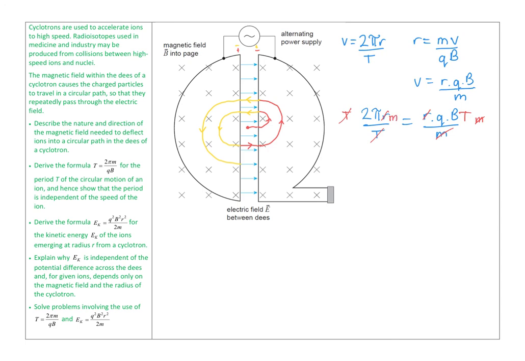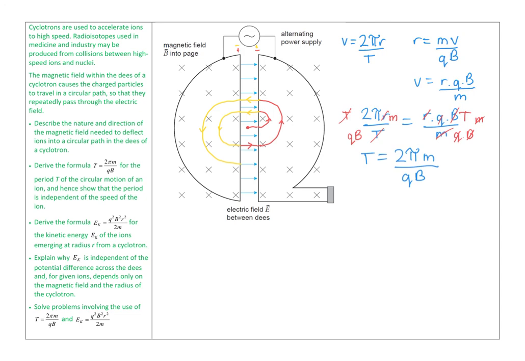And then we want to get rid of the qB here again, so we do qB on this side, and the q and the B cancel. And overall, that leaves us with the period is equal to 2 pi m on qB. So there is that derivation.